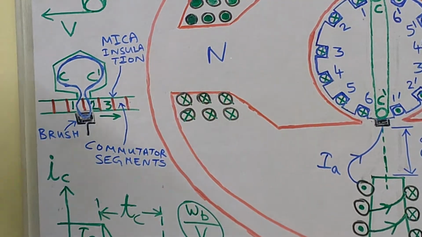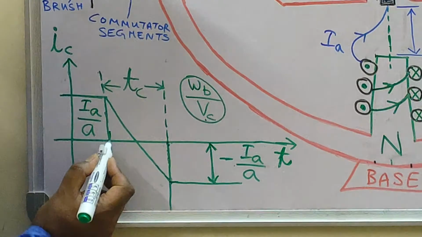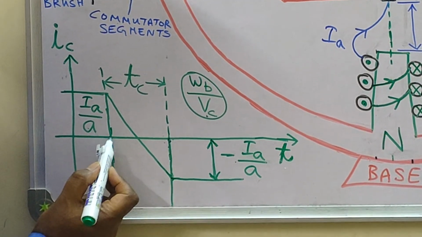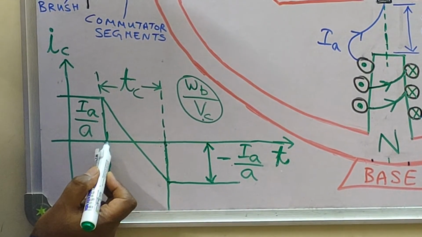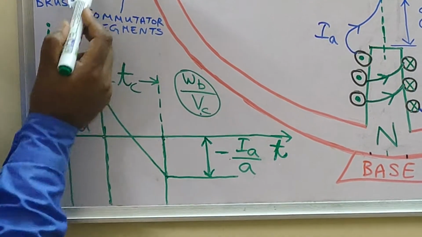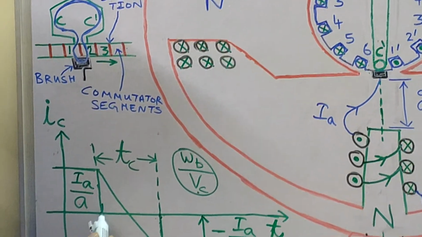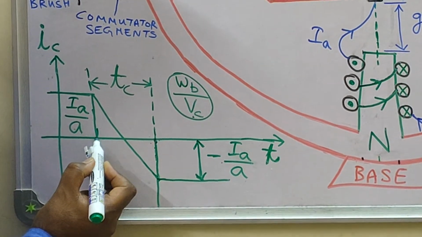Now, what I was saying is that this is the time instant at which the brush is coming in contact with segment 1. It was earlier in contact with segment 2 fully, but at this moment the brush is in contact with both segments 1 and 2.